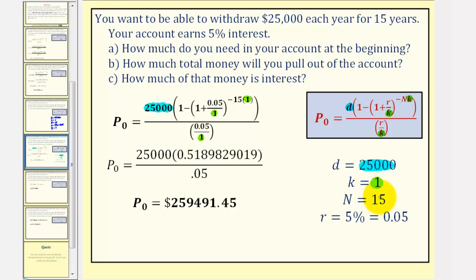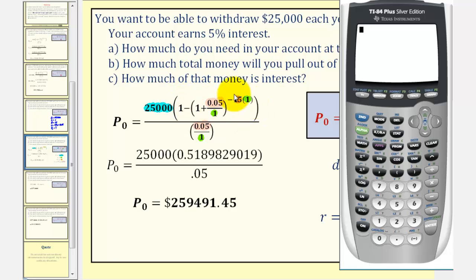We'll substitute 15 for N. And finally, we'll substitute 0.05 for R, which is here and here. Now if we evaluate this, we can determine P sub 0, how much you need in the account at the beginning. So now we'll go to the calculator.